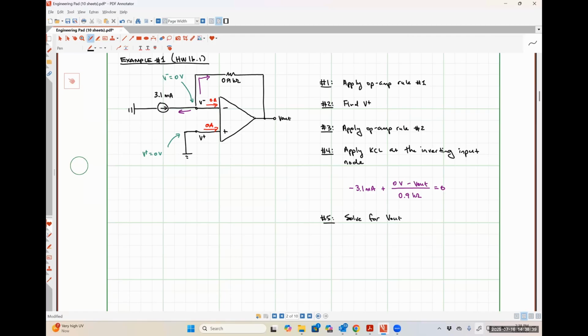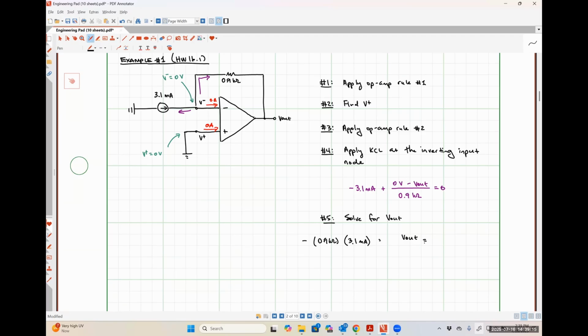I'm going to move that 3.1 milliamps over to the other side, so it looks like 3.1 milliamps is equal to negative V out over 0.9 kilo ohms. I can get rid of the minus sign by putting a minus sign over here, and get rid of the 0.9 kilo ohms by multiplying both sides by 0.9 kilo ohms.